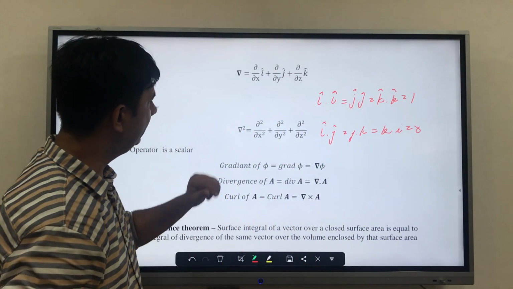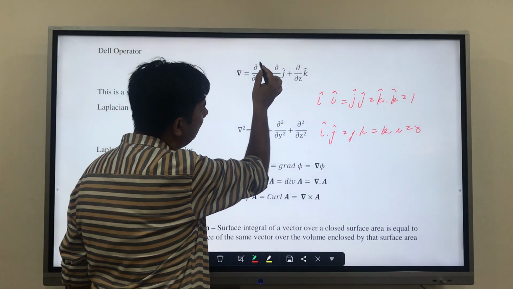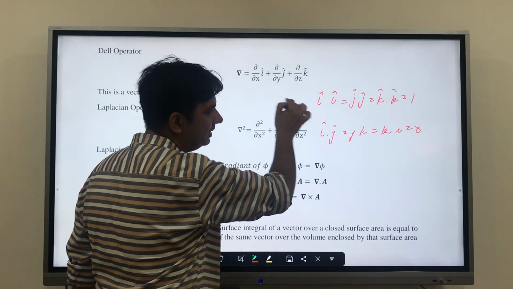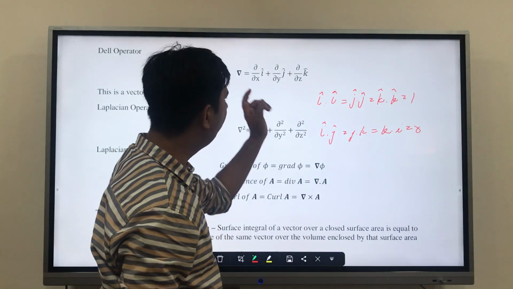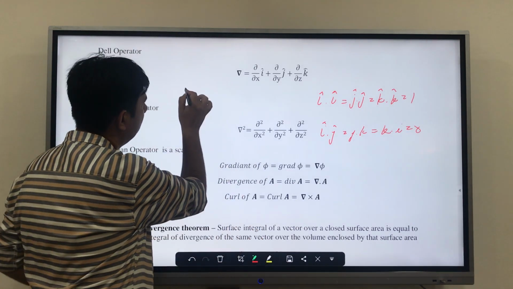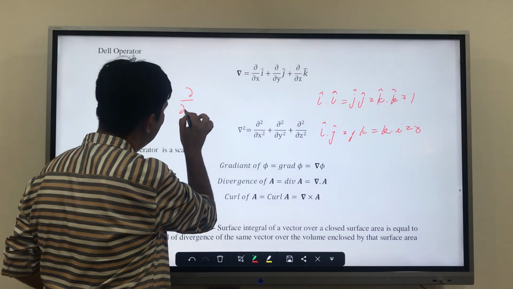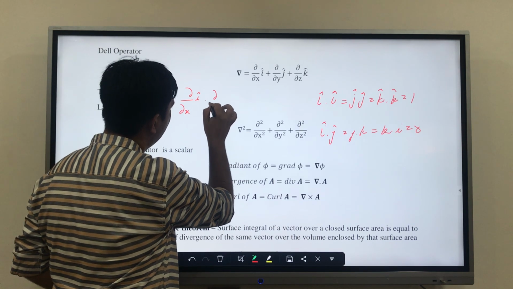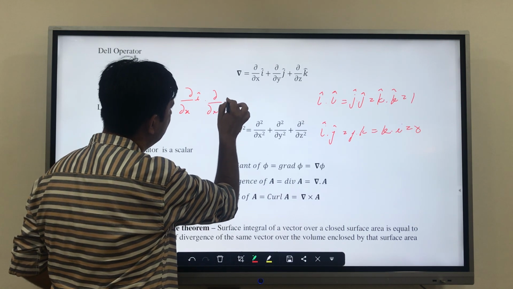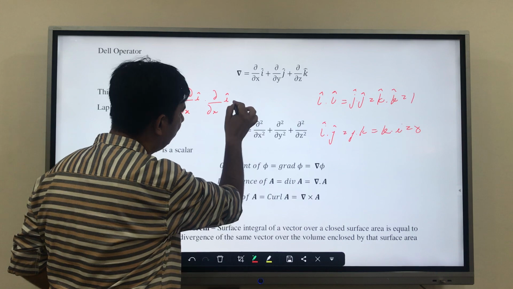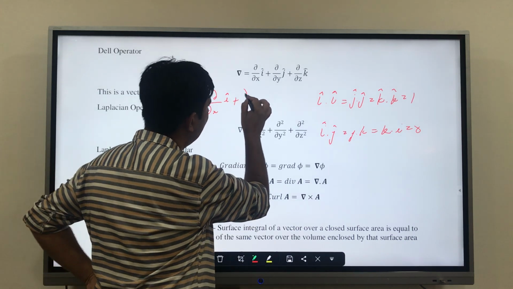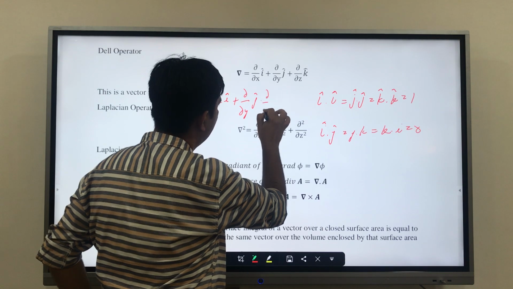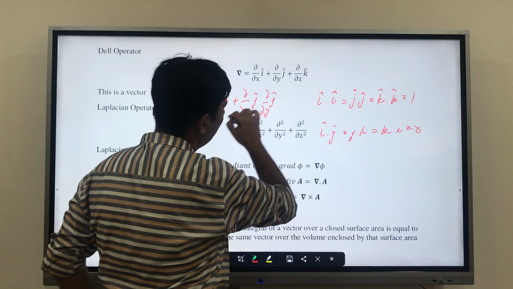So you can understand that if you multiply the i component with the j component and the k component, these values become 0, and what you will get is ∂/∂x i cap into ∂/∂x i cap plus ∂/∂y j cap into ∂/∂y j cap, and so on.